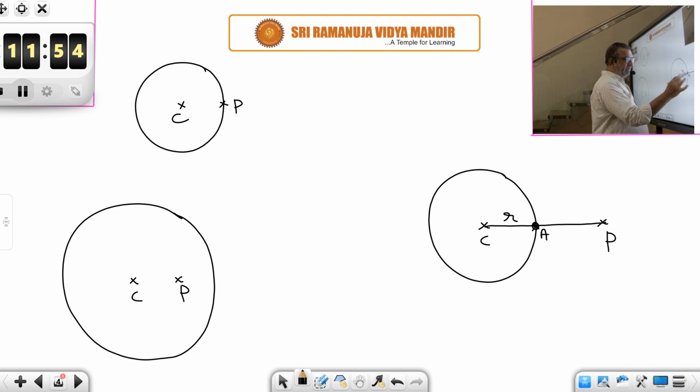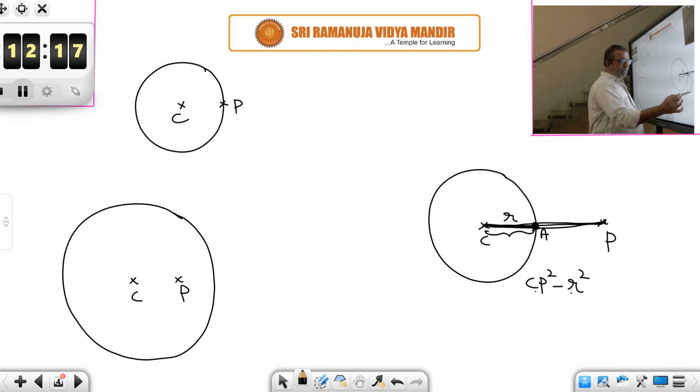Suppose this point is A on the circle, R is only Ca. Cp. So what is Cp square minus R square? Is it positive or negative? Cp is more, that is Ca is less here. Is it not? Cp is more than R. Clearly, R is up to here only, whereas Cp is more.